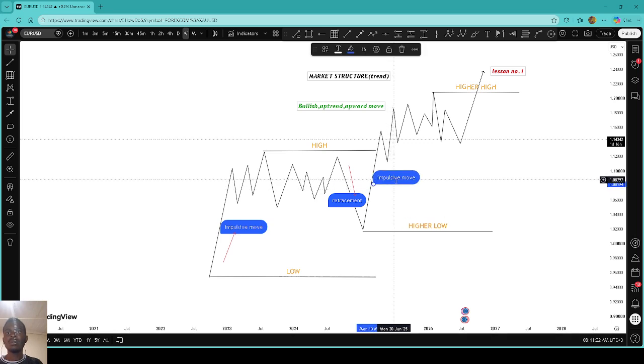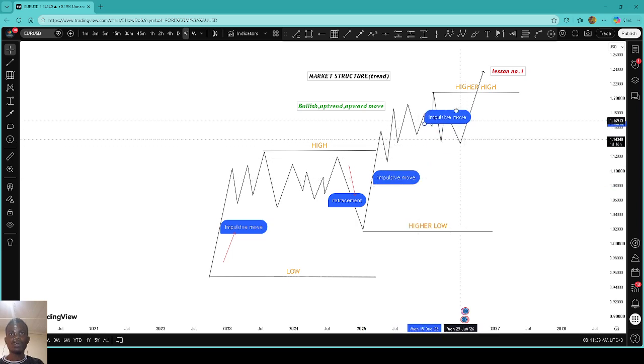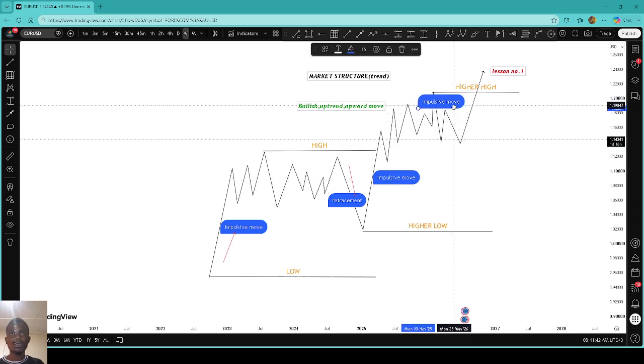And then you have another impulsive move. I think on this one we will consider it still a retracement just for the classes, for the lessons, but we will go deeply when we start looking at point of interest and other things.